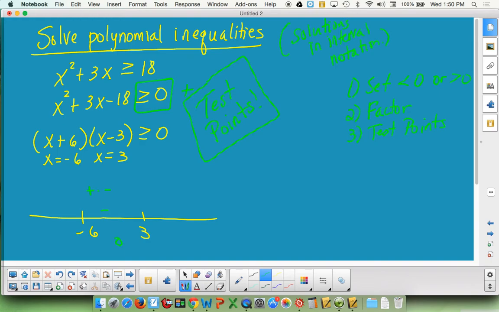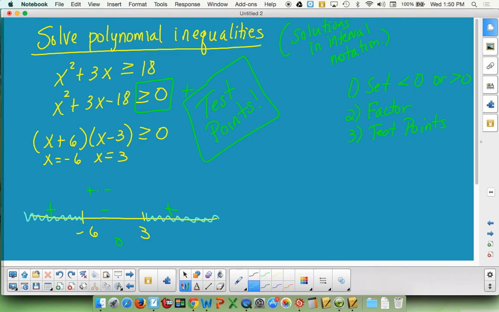Since these are all x's to the first power, and you will have to watch that, because if you have some factors with like an x squared or something, then you may not be guaranteed it's going to alternate, but in this case, yes, it's going to alternate. And so then I simply need to know where it's positive, which are these positives and these positives.